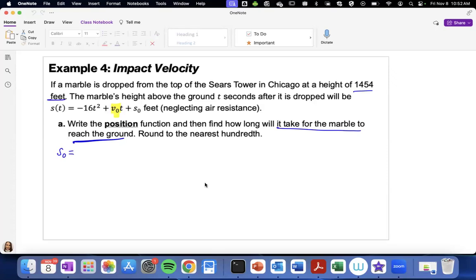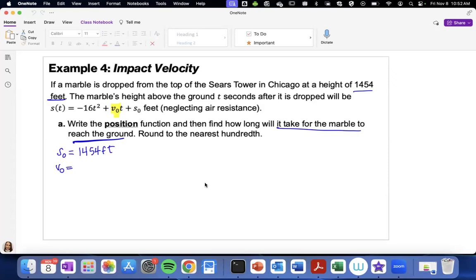So I'm starting at 1454 feet. That's s sub 0. And what do you think my initial velocity is? I'm starting at 0. Yeah, you got it. I'm holding it and dropping it.